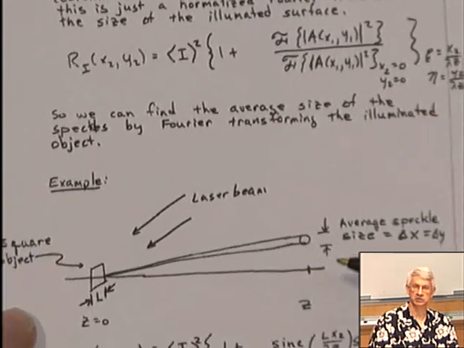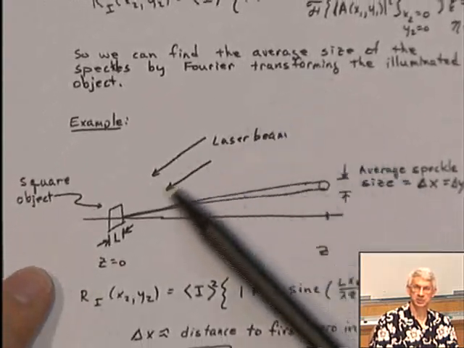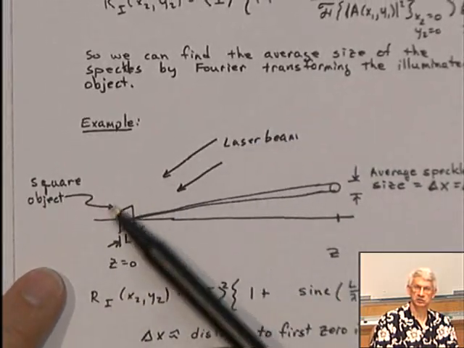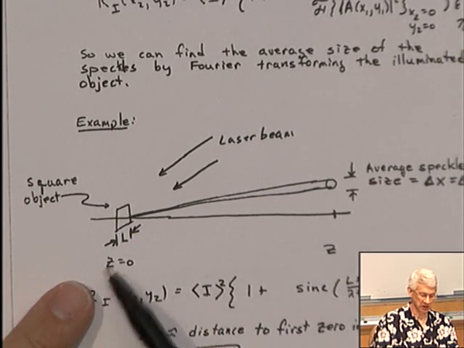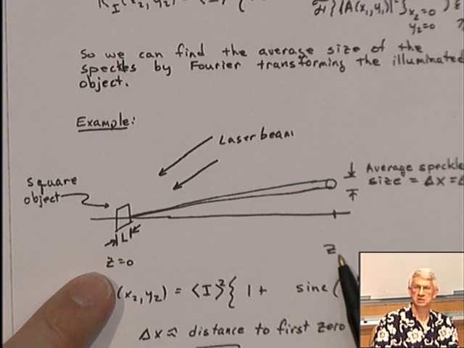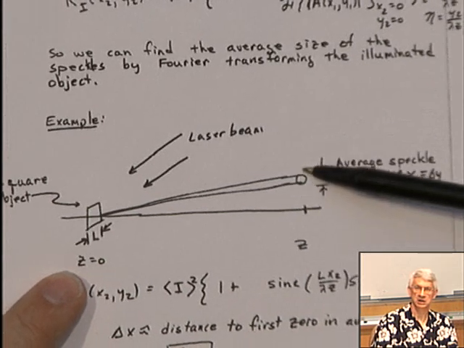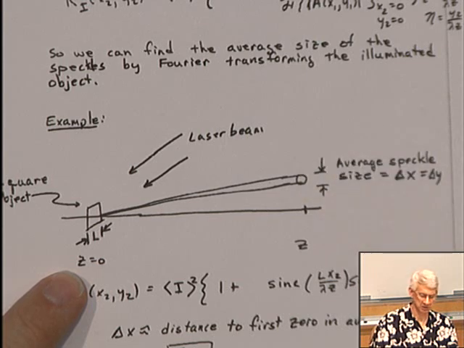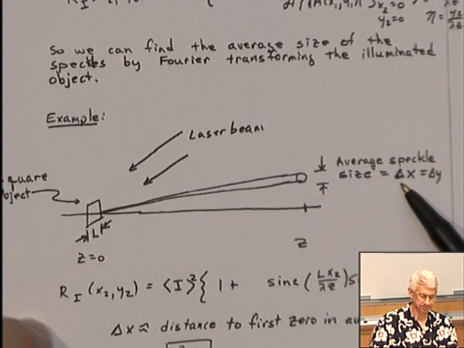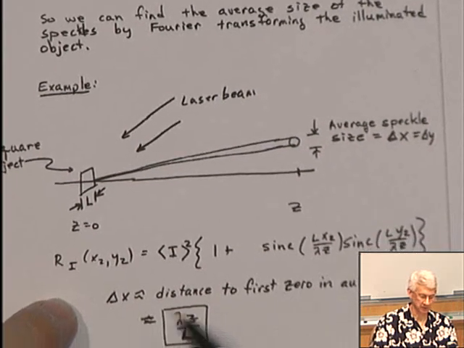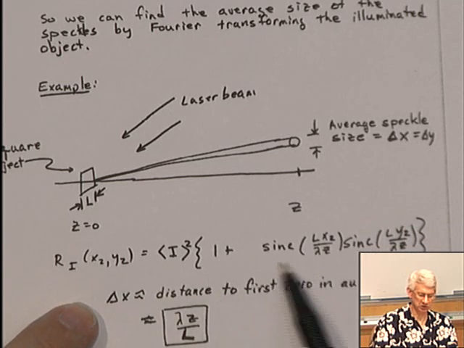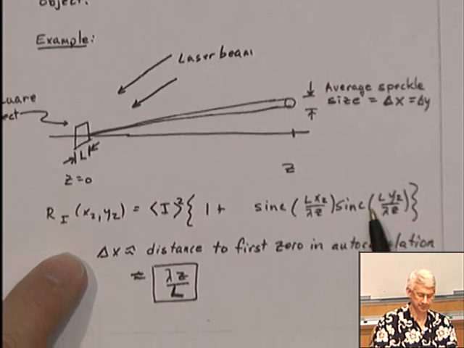Okay, now here's an example where we take a laser beam, plane wave, illuminating a square object of side length L, and we propagate over a distance z, and the size of the speckle there is some finite size. So here I've labeled it as delta x and delta y. If we apply our equation and take our Fourier transform, we just have two sincs, one for each direction, x and y.